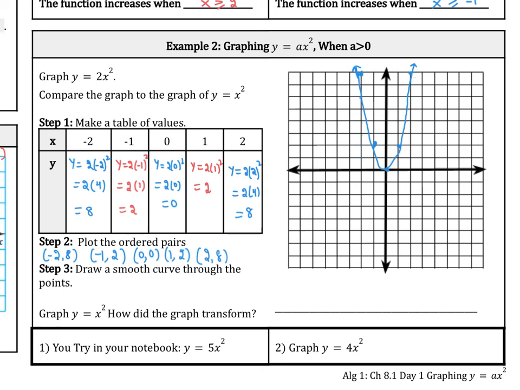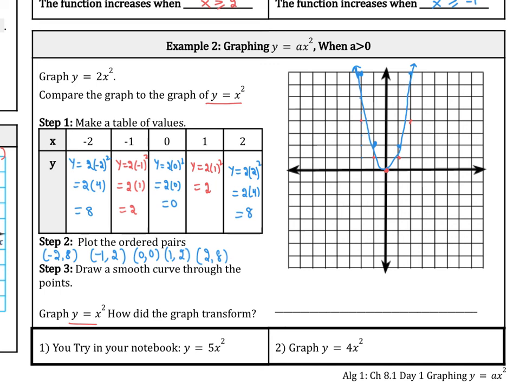Now we are going to make a graph for y equals x squared and then compare these two graphs. So y equals x squared is starting from 0, 0. The first point for that is going to be 1, 1. And the next one is 2, 4.